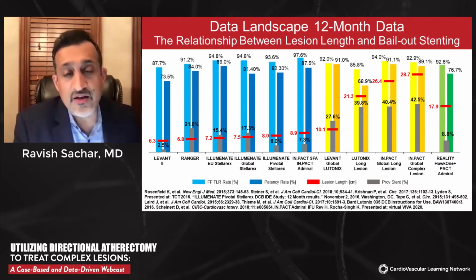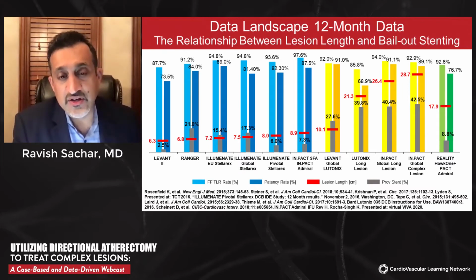So the outcomes that you heard, the 77% patency in the REALITY study and the 93% or so freedom from clinical TLR, excellent outcomes, was achieved with a very low bailout stenting rate of 8.8%.